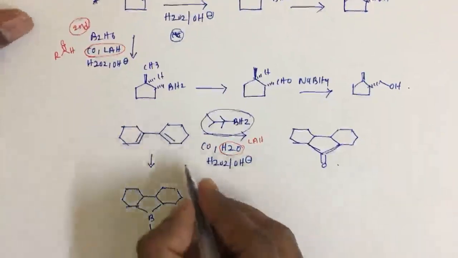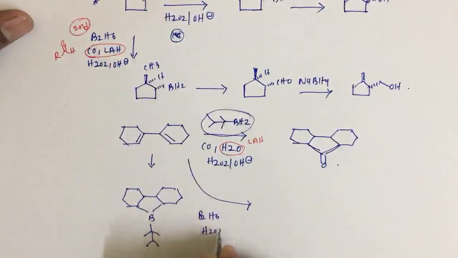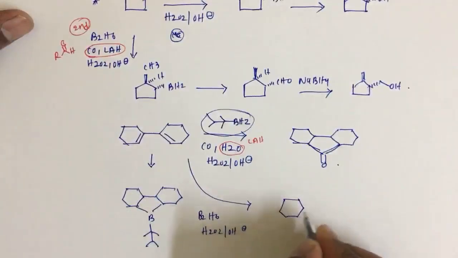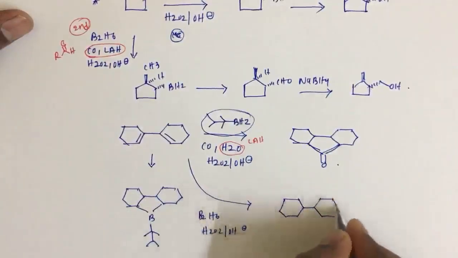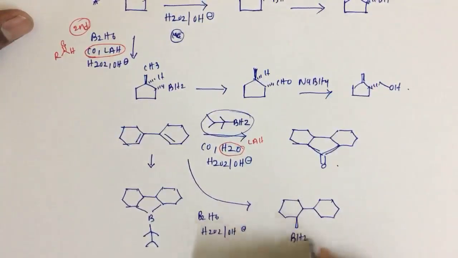And then you can take the same example upon treatment with B2H6, H2O2 and OH minus. So in the first step, here we have BH2 and here also BH2.